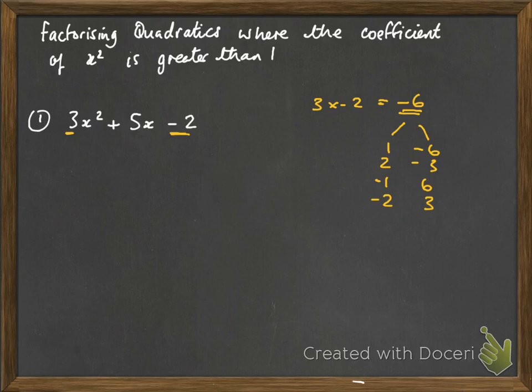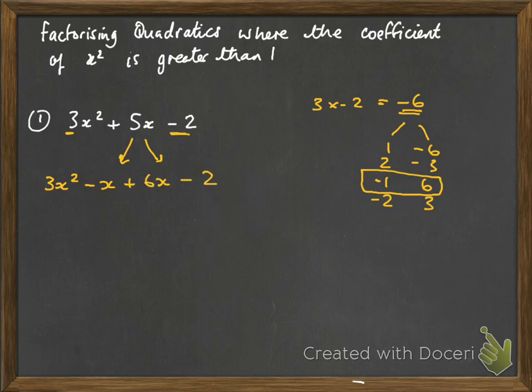I want to pick a pair that would add together to give me that 5x. So if I pick -1 and 6, once I've identified the two numbers that add together to give me that middle term, we just expand that middle term to make our quadratic look a little bit more complicated. So we'd have 3x squared minus x plus 6x minus 2.